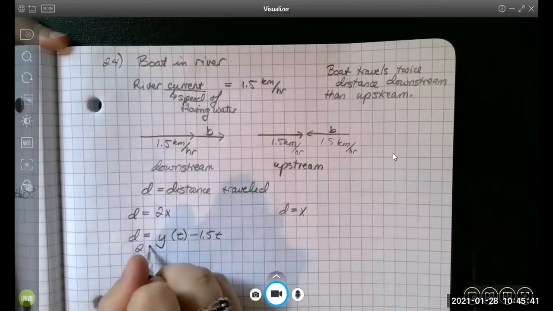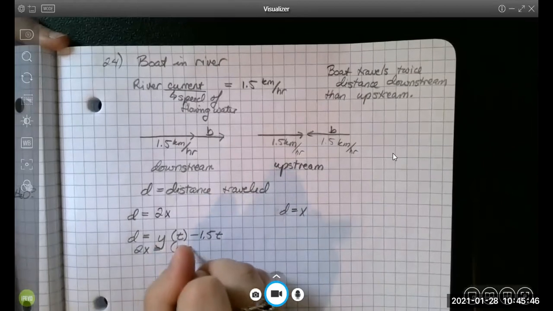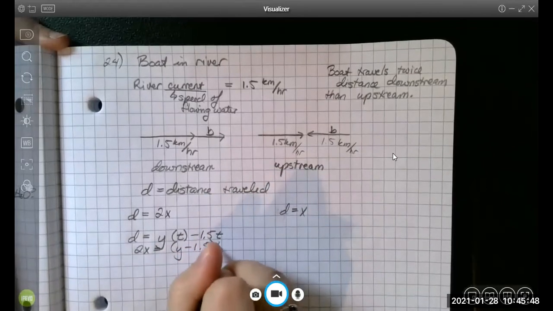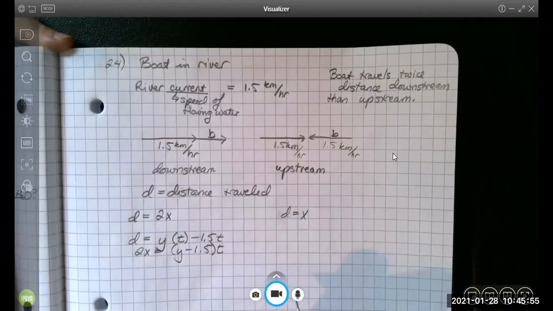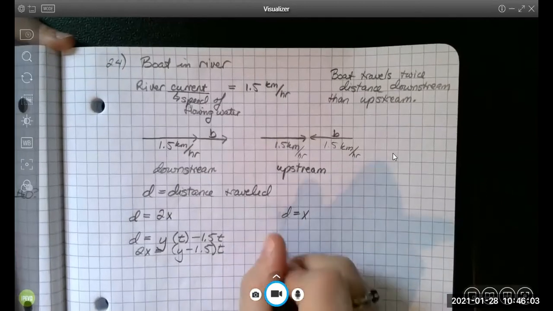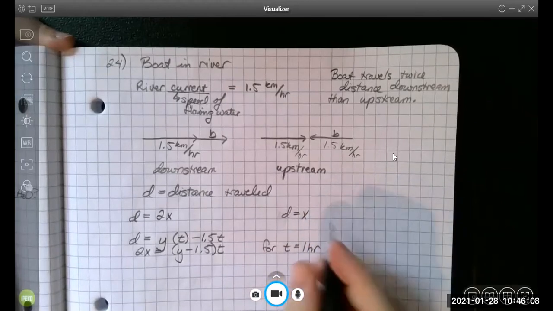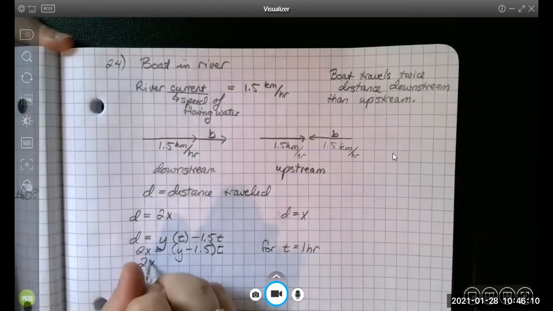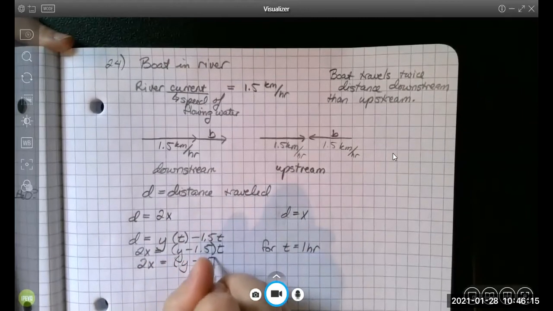So 2x equals y minus 1.5 times t. It should look an awful lot like physics, because it is. Now, the problem tells us that we do this in 1 hour. Just 1 hour. So if t equals 1, I'm going to be able to say 2x equals the speed of the boat, y minus 1.5 t.